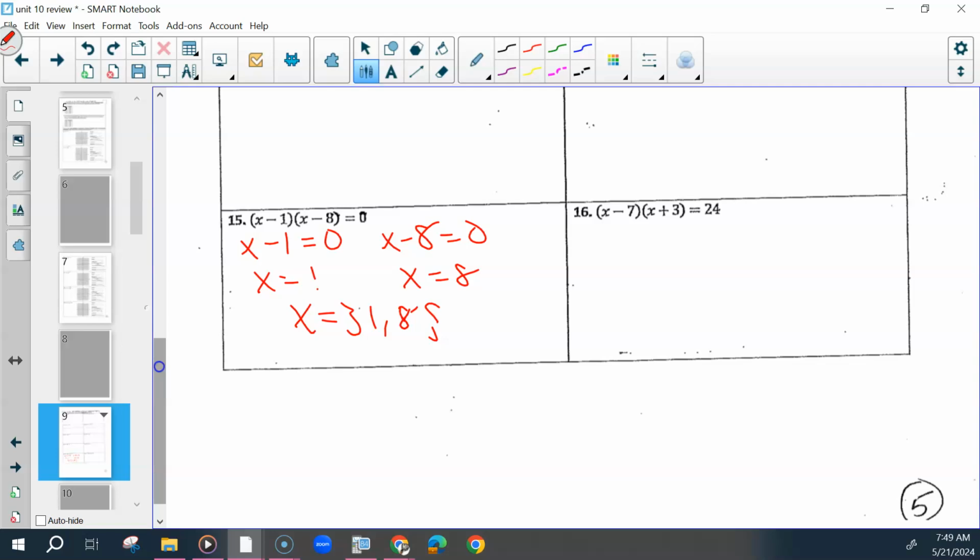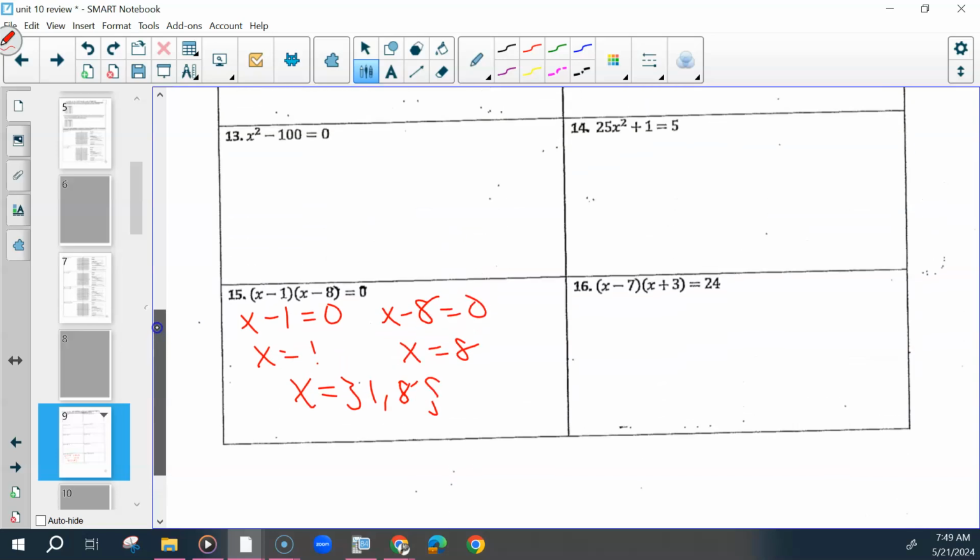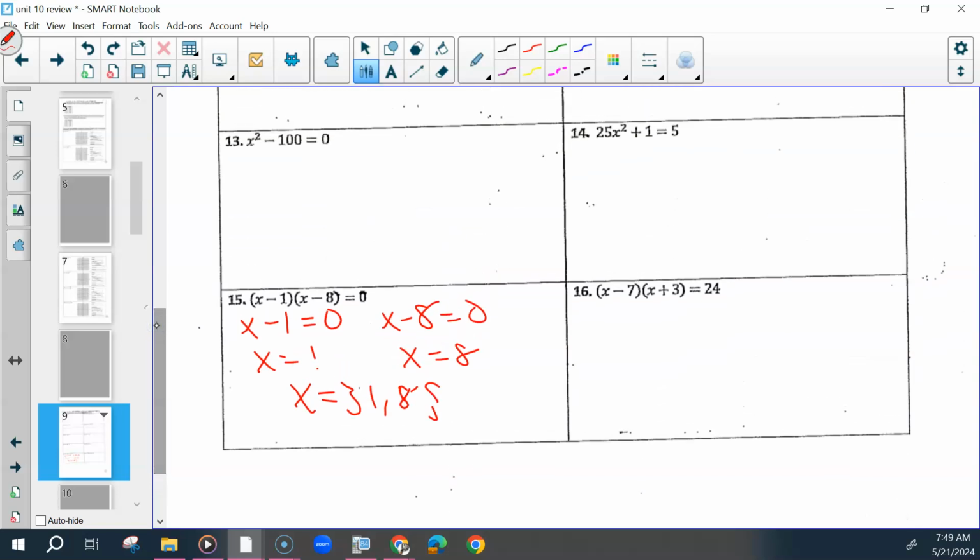What other questions on this page? Okay. So with any problem that doesn't look like 15 or 16, you want to make this equal to 0 if it's not already. So move 5 over.